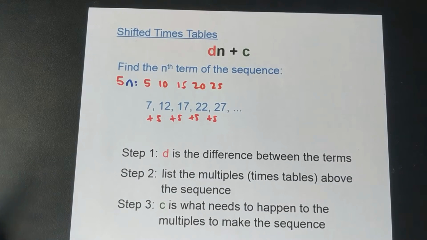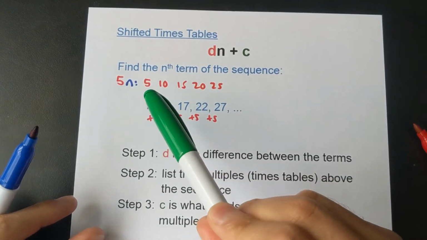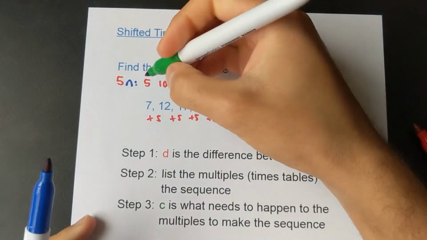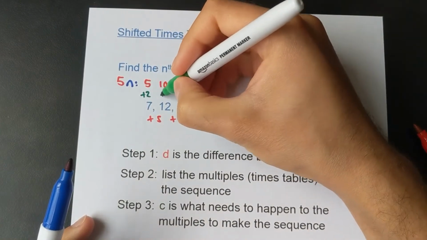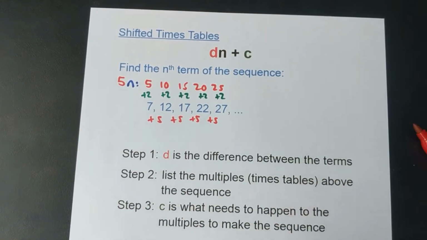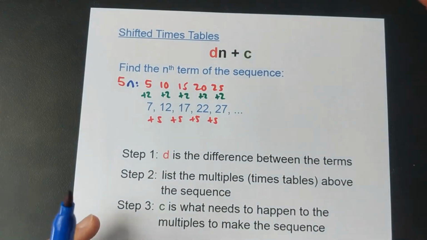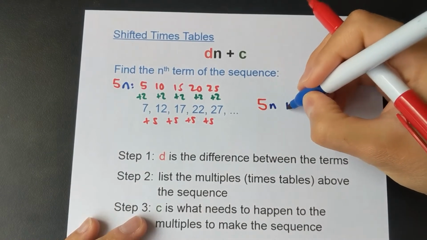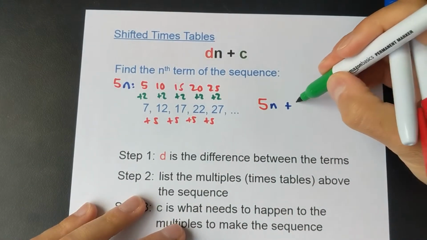So what we need to think to ourselves is, what do I need to do to 5n to get the sequence? And what you should be able to see here is, I'm just adding 2 each time. So this sequence is 5n add 2.